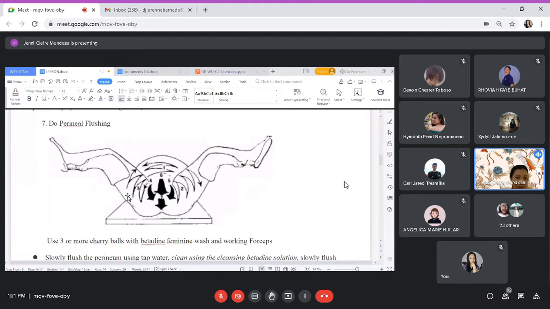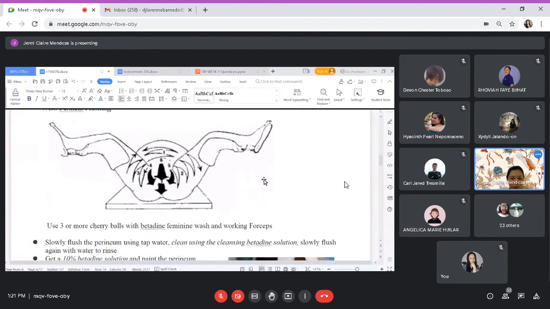So in doing this, you have to observe and ask what procedure that hospital is using. Here, they're actually using one cherry ball to clean all of that.